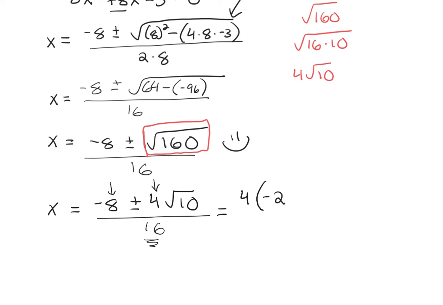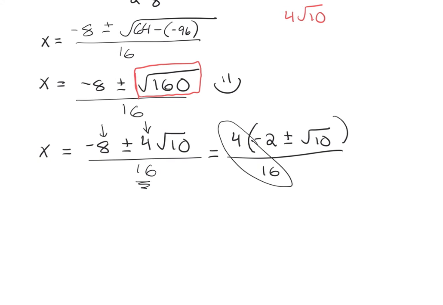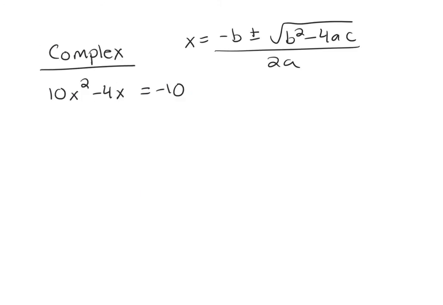So I'm left with negative 2 plus or minus the square root of 10 over 16. And now you can simplify that, which is negative 2 plus or minus the square root of 10 over 4. So this is the ultimate final answer, simplified all the way down.